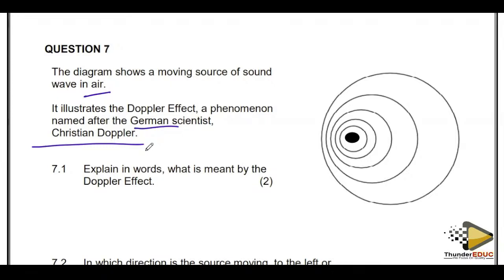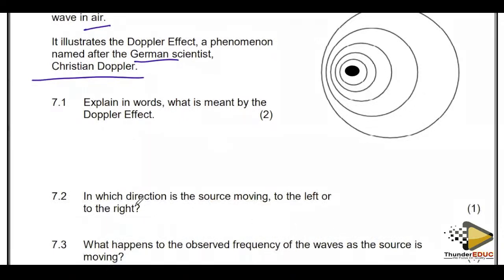And then 7.1, they want us to explain in words what the Doppler effect is. Remember, we said it's the change in observed frequency as a result of the relative motion between the source and the observer. Okay?